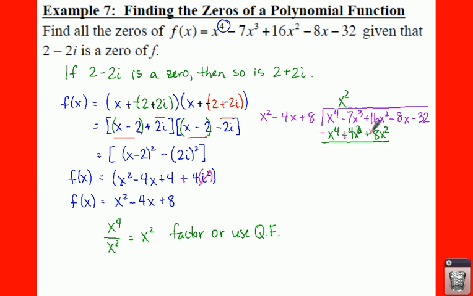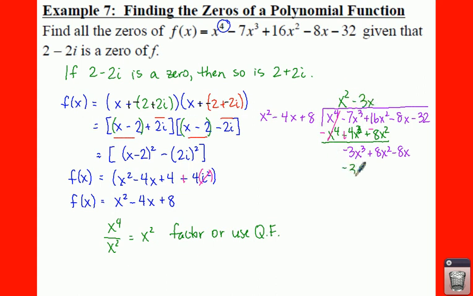Negative plus negative. So the first ones cancel, so we end up with a negative 3x to the third plus 8x squared minus 8x. And then we take this negative 3x to the third divided by x squared, which gives us negative 3x.